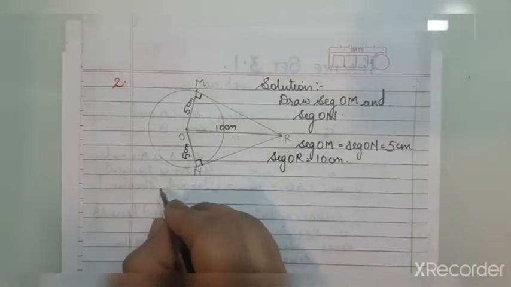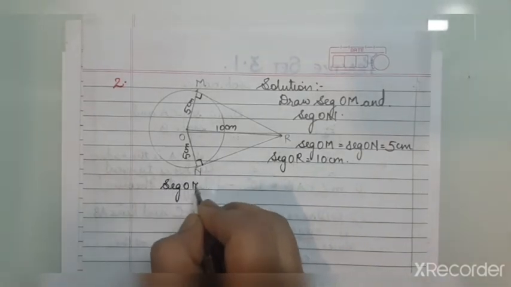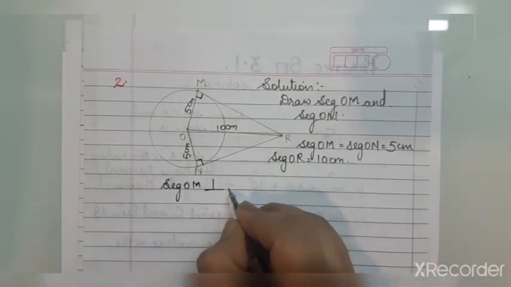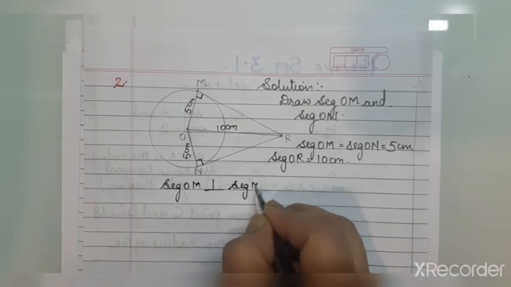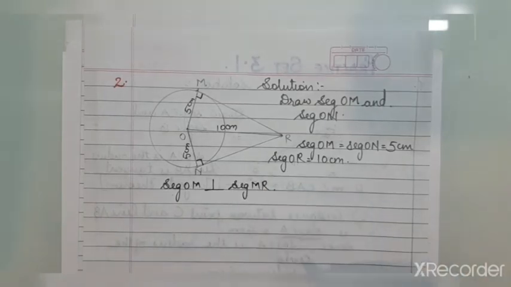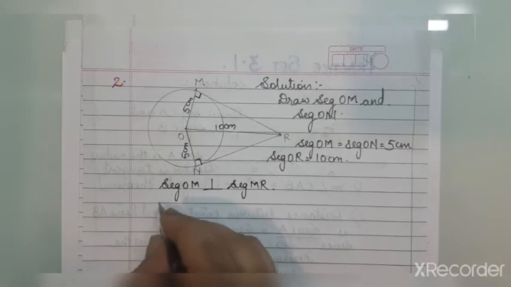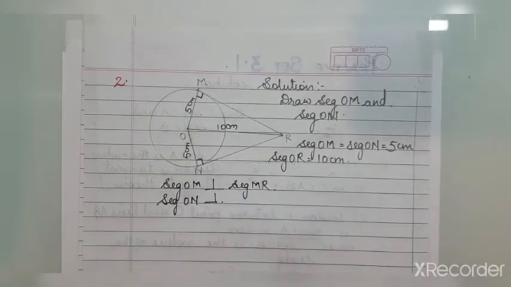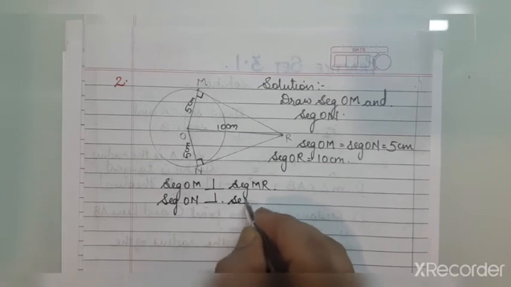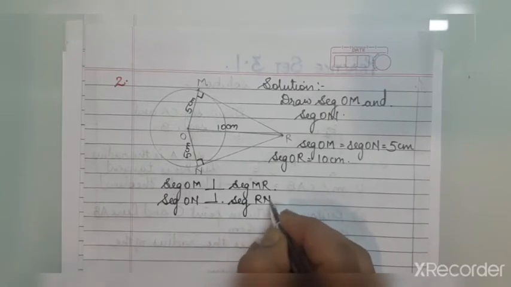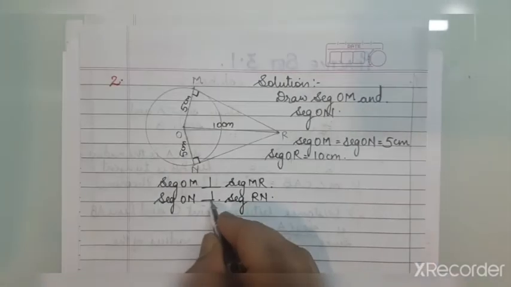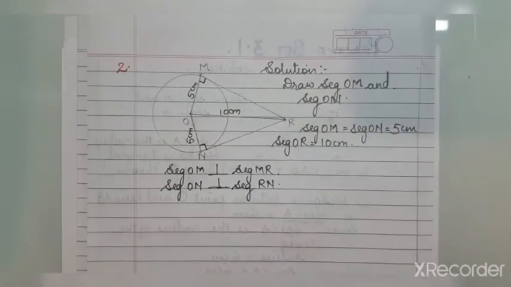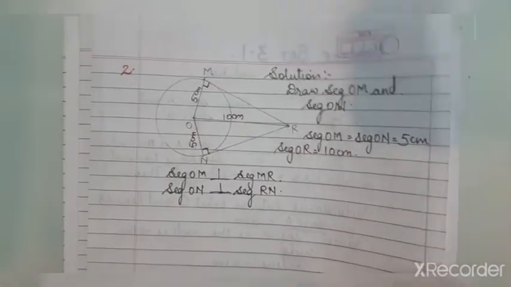Then you have to mention that segment OM is perpendicular to segment MR or RM, and segment ON is perpendicular to segment RN or NR. Therefore we have got two right angle triangles.